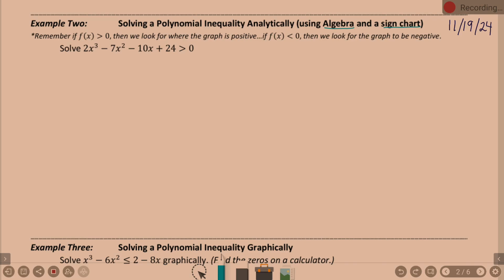Okay? So with that in mind, what methods have we talked about recently that we can use to find zeros before we go to the graph? What have we talked about finding? We did this back in, I don't know, 2.6, 2.5, somewhere in there.